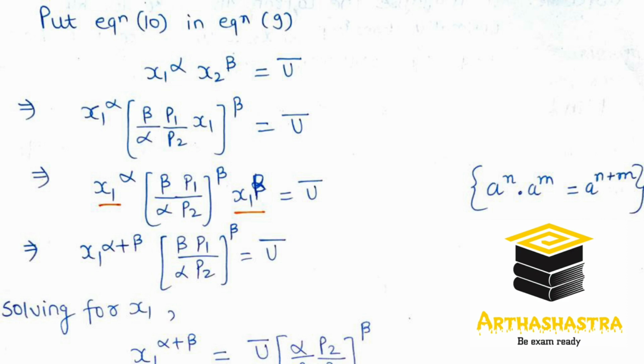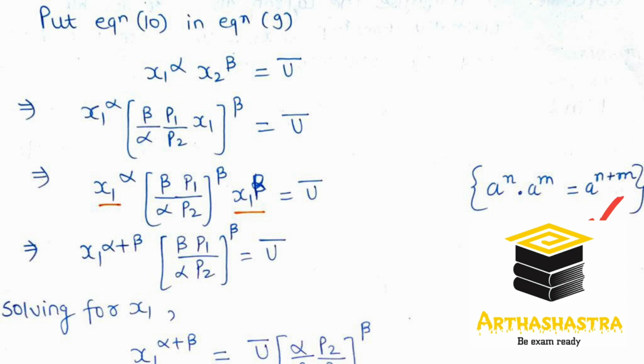Now we can take out x1 and we can arrange the two terms of x1 together. See, whenever we are using the exponential rule, a raised to the power n times a raised to the power m, if bases are the same, we can add the powers, so it becomes a raised to the power n plus m.